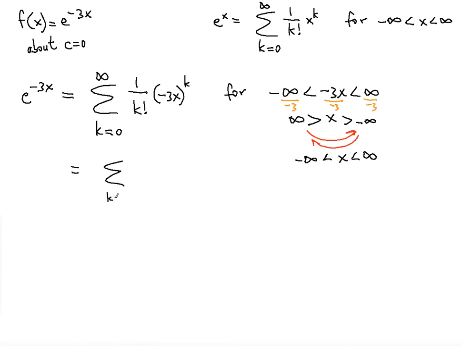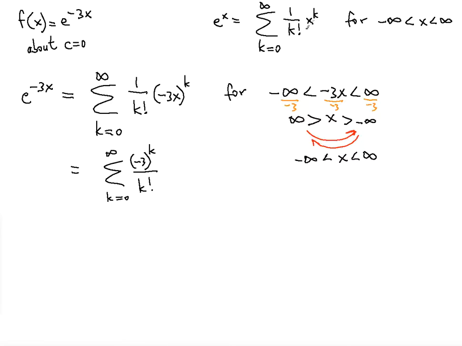So we copy down 1 over k factorial, and we factor out negative 3 to the k, and then x to the k will remain, without the parentheses.